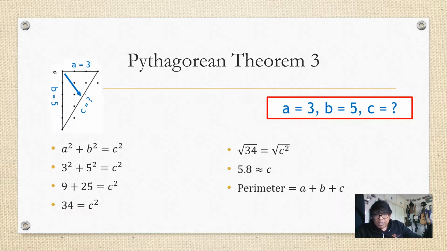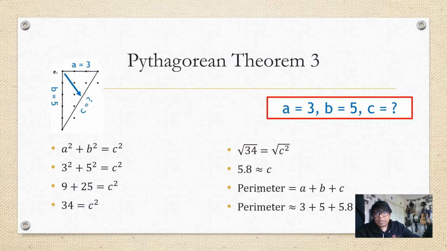Last part of this, or actually the only part that's the question, is the perimeter of this. So the perimeter would be all of the sides added together. We know what a and b are, and we know what c is after doing our algebra. So the perimeter is just 3 plus 5 plus 5.8.